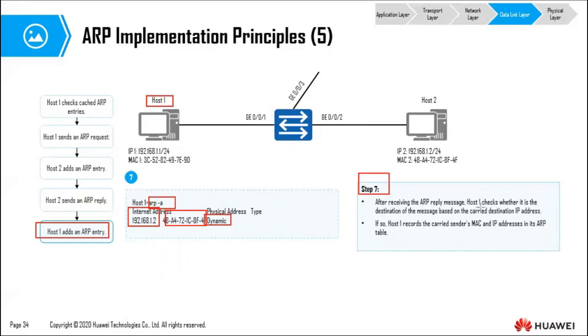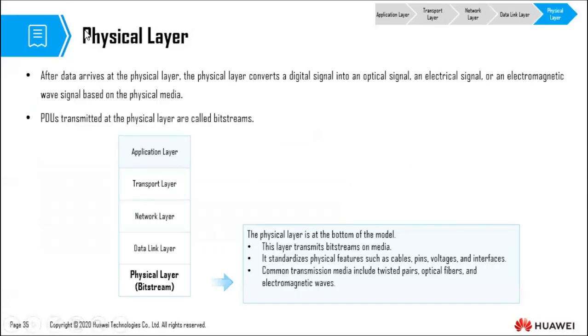After receiving the ARP reply message, host 1 checks whether it is the destination of the message based on the carried destination IP address. If so, host 1 records the carried sender's MAC and IP address in its ARP table. So that is the last step of ARP.